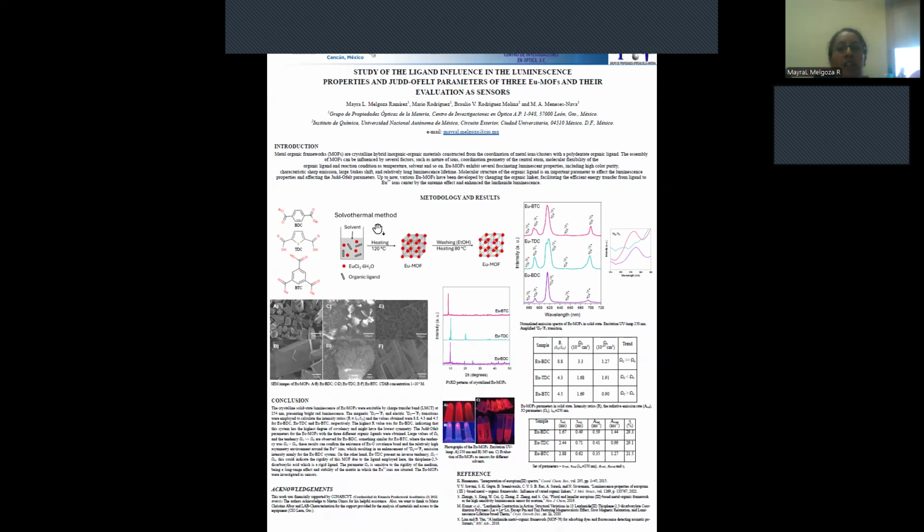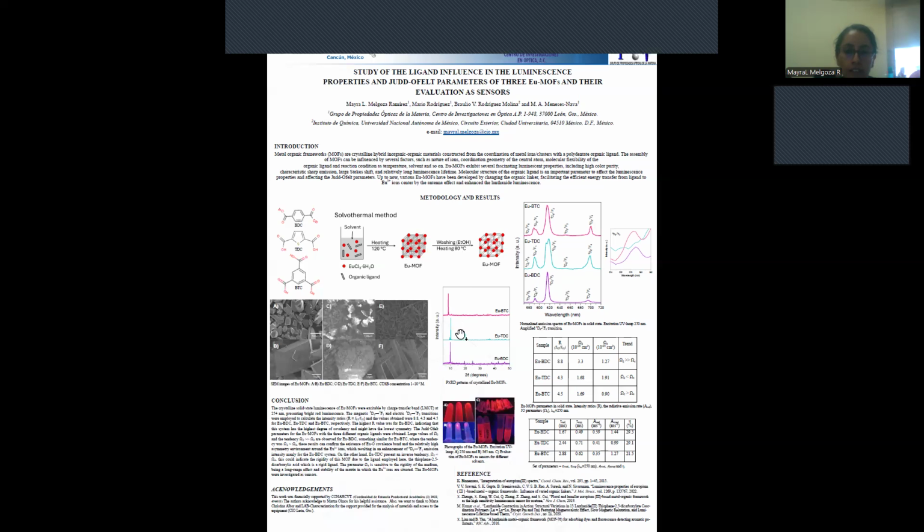Then the precipitate is cooled down, washed with ethanol, and left drying and heating at 80 degrees centigrade for another 24 hours. Then we have the final material, the europium MOFs.